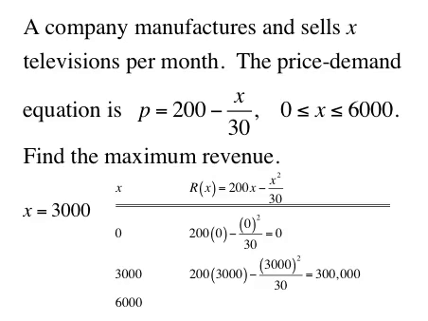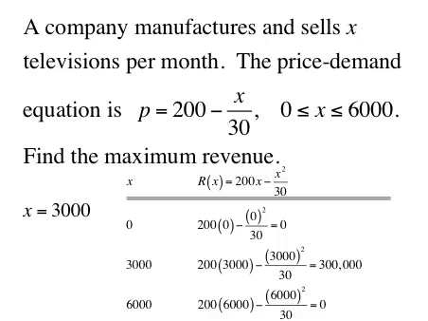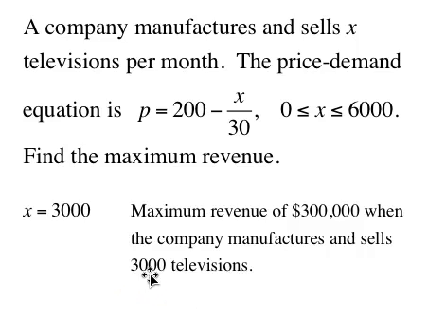And plugging in 6,000, 200 times 6,000 minus 6,000 squared over 30 also gives me 0. So we approach this like an absolute max, and we'll notice that our revenue achieves an absolute max of 300,000 when x equals 3,000. So we have a maximum revenue of $300,000 when we manufacture and sell 300 items, 300 television sets.